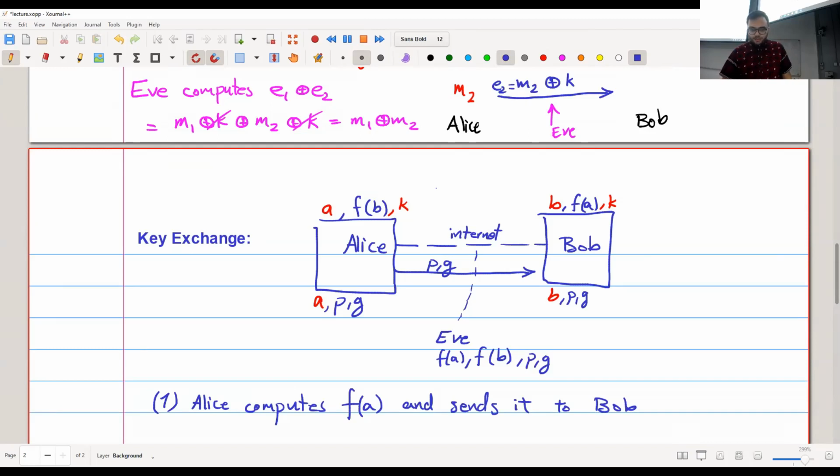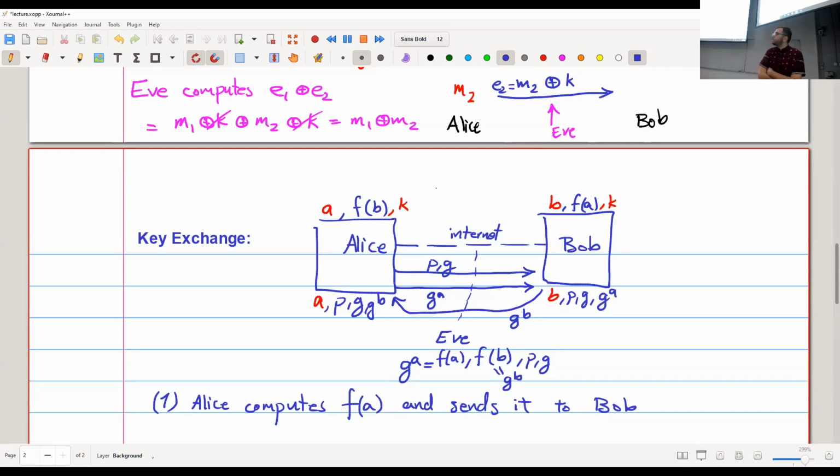So instead of f of A, I now have g to the power of A, which is what Alice sent to Bob. And Bob sent g to the power of B back to Alice. And this is f of B, and this is also something that Eve knows. Now, this is getting kind of complicated, but you understand the point.